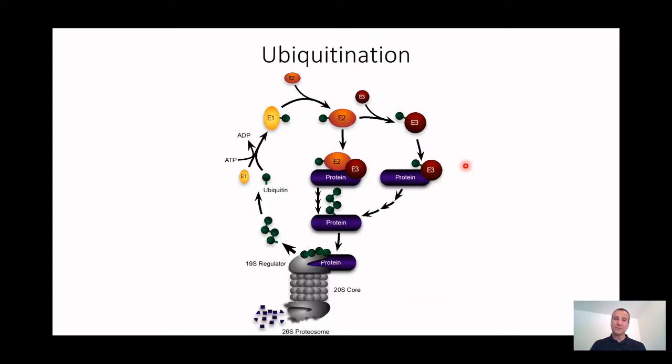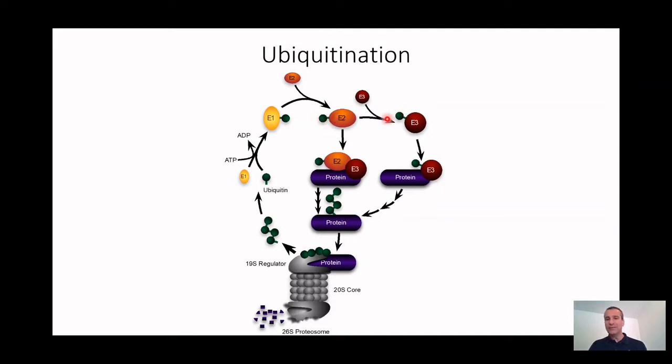The way this works is very complex, but all I want you to know is that one enzyme, E1, primes the ubiquitin. It gives it off to the second enzyme, E2, and the E2 is going to mostly hand it off to an E3 protein. We take the ubiquitin and hand it off like a baton in a relay race.